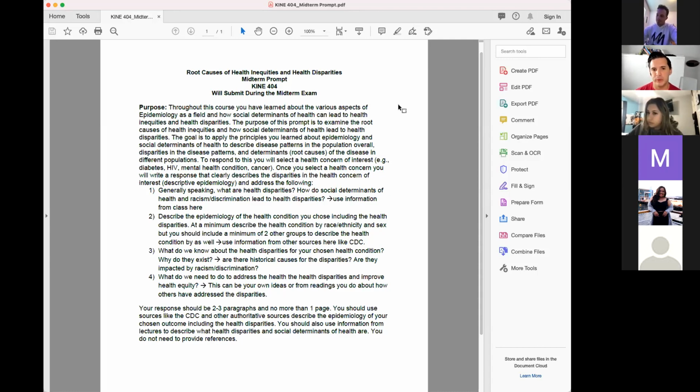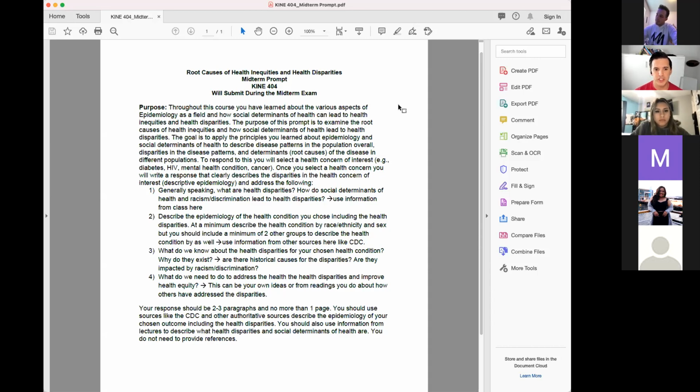And then the last part is what can we do to prevent those disparities. Those can be your own ideas. If you've seen things happening in your work or other places, and we've talked about how discrimination affects health, I'd like you to bring some of those concepts in. Say, well, one thing we need to do is address discrimination certain groups face.